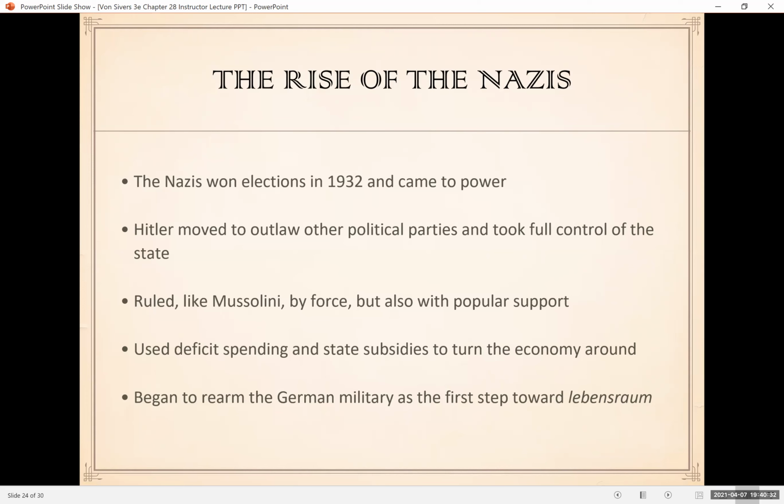Those handful of businesses who do not agree, they either go out of business or the Nazis take them over. They don't have to take over very many businesses, but they will control the people. They will control what the people are doing. They will put a huge amount of controls on everything, and they will start to rearm Germany.